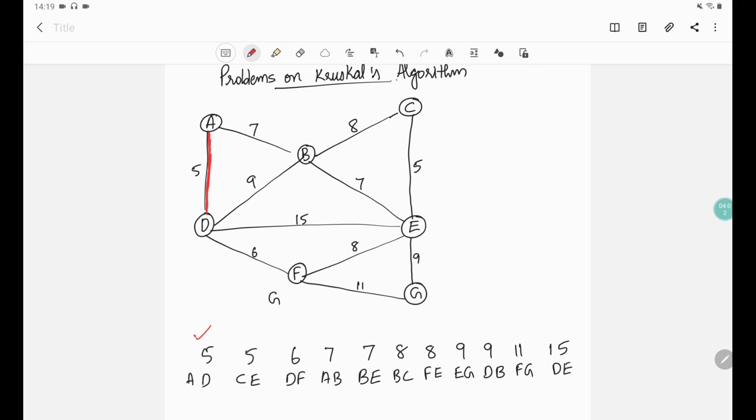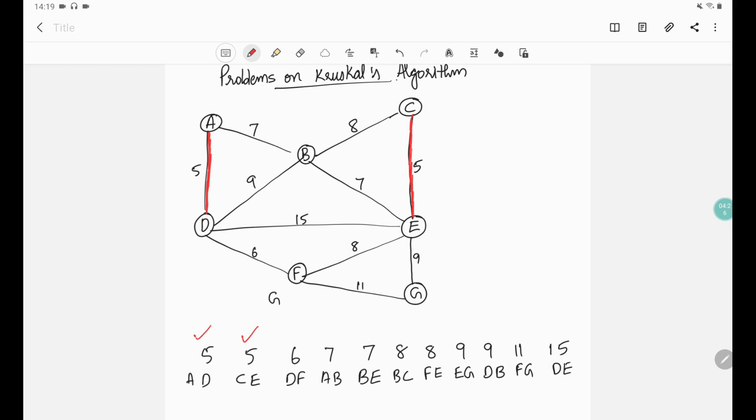Next, we will be considering the edge with weight 5, which is CE. CE can be added to the spanning tree, and it will not create any circuit in the tree. Therefore CE also can be added to the spanning tree.